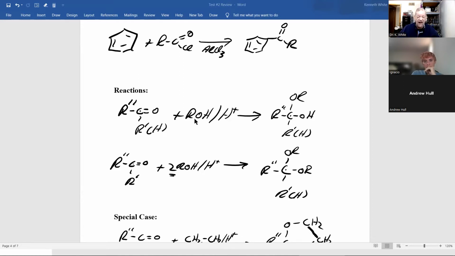If you take an alcohol and react it with an aldehyde or ketone in the presence of acid, keep your eye on the carbonyl carbon. What's attached to it, R prime or hydrogen, R double prime, still there. And then this becomes a hydroxyl group, and also the same carbon has an oxygen, then R. It's called a hemiacetal or hemiketal, which I will never ask you on a test. But maybe you will like to know that for other classes.